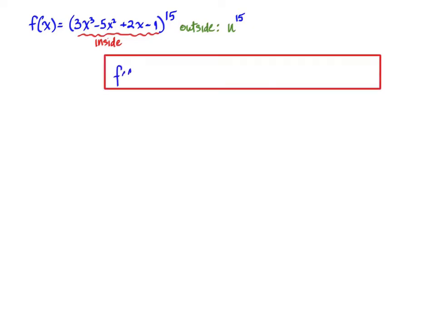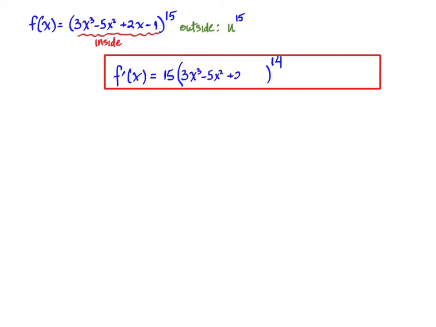So let's try it. f prime of x is going to be the derivative of the outside: bring down the 15 and reduce the exponent by 1, right? The power rule. So bring down the 15, reduce the power by 1, but leave the inside alone.